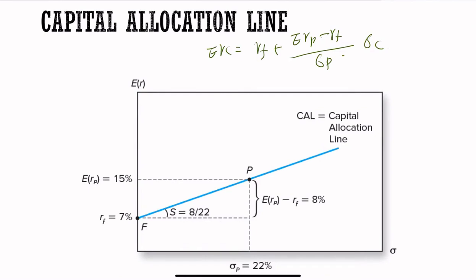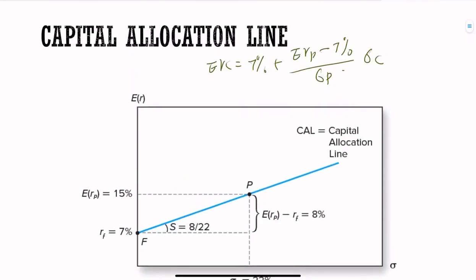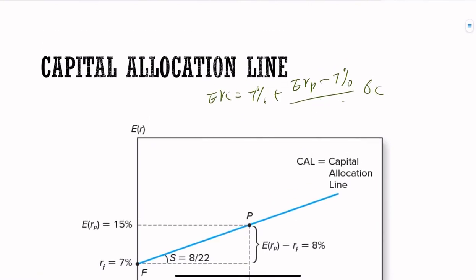Okay, so let's say now we have some data here, right? So let's say our RF is 7%. Let's say sigma P is given by 22%. So it is 22%.